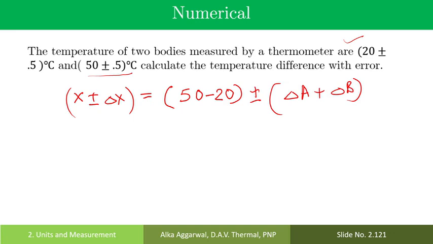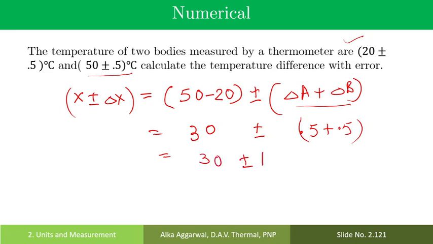It is the maximum possible error in the result. So it is 30. Delta A is 0.5, delta B is also 0.5. So it is 30 plus minus 1 degree Celsius.